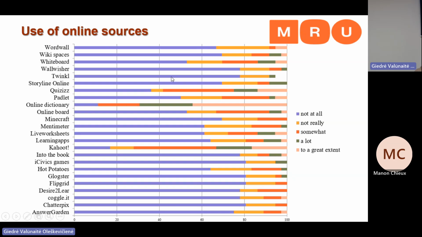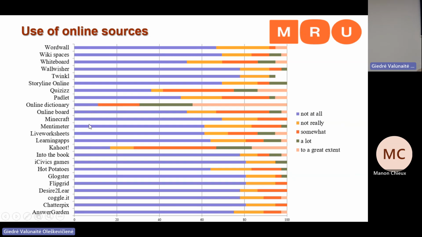So as it appears, you see the massive wave of blue color, which is not at all, practically over all those sources. But then there are obvious and undisputed leaders. So there is quizzes, which says that it is being used to a certain degree, somewhat. Then we have online dictionaries, which are recognized leaders as well.